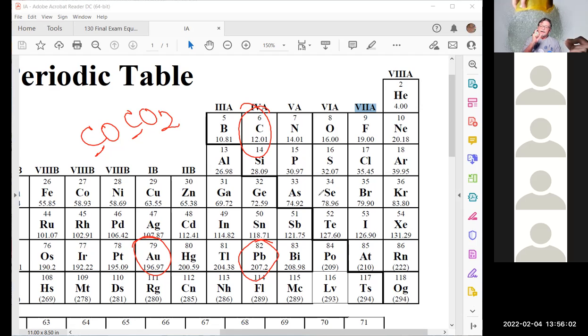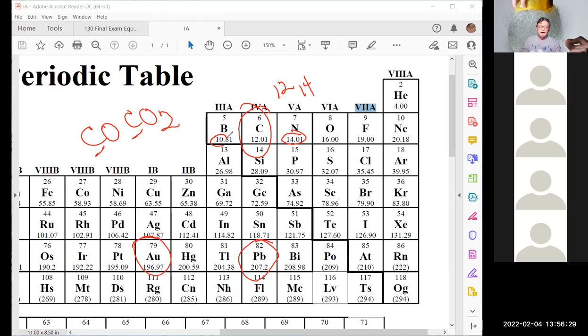But what we can do to figure out the mass number is to take the 12.01 and round it up to the nearest whole number. So for carbon, it is 12, right? 12.01 rounded to the nearest whole number is 12. Nitrogen's right here. Make that 14 for nitrogen.